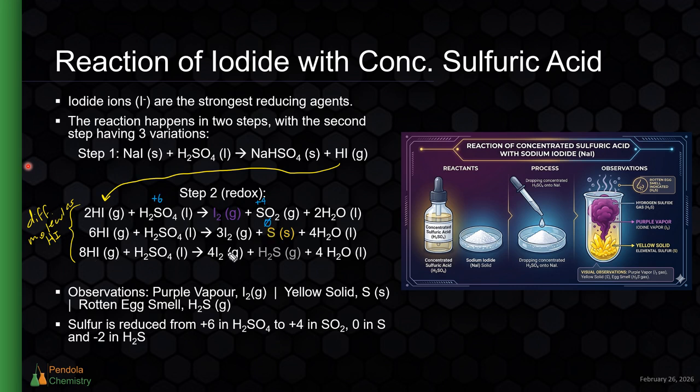And if it's the last one, it gets reduced all the way to -2. So all 3 of these are the reduction of sulfur, but into 3 different compounds with 3 different oxidation numbers for sulfur: +4, 0, and -2.